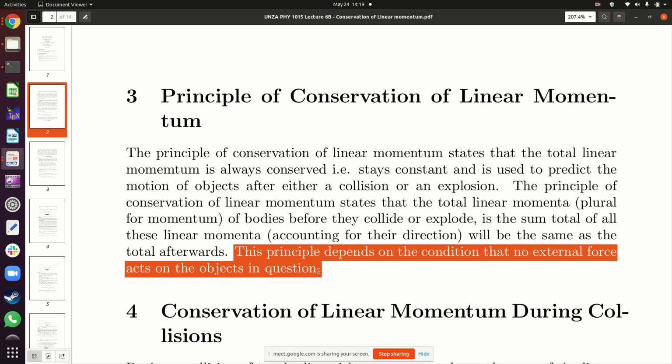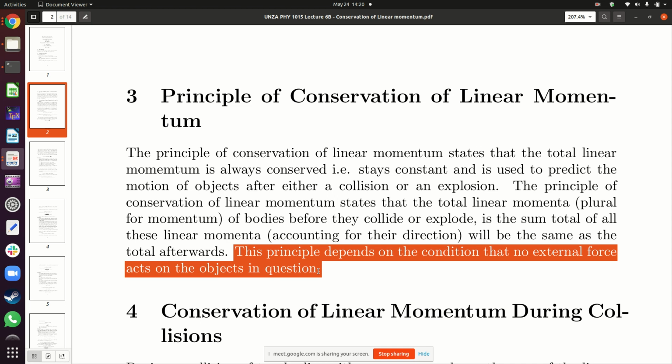Are we clear with these things we're talking about? There should be no external force acting on any of the objects. If an external force is present, that external force will change the velocity of that particular object. You end up having acceleration. So the requirement for you to use this principle of conservation of linear momentum is that the objects involved in this collision should not accelerate.